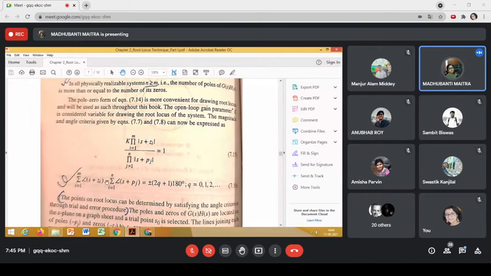That can be expressed as the summation, with i varying from 1 to m, of the angle of s plus zi, minus the summation, with j varying from 1 to n, of the angle of s plus pj. That angle should be equal to plus or minus (2q plus 1) into 180 degrees. Clear? So this is our magnitude criterion and this is our angle criterion.